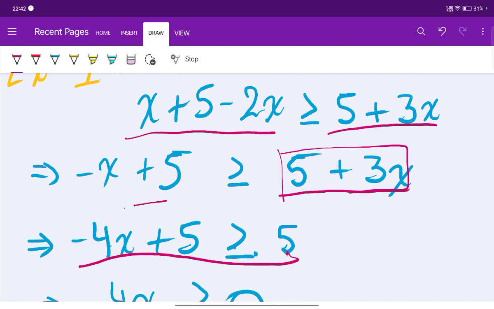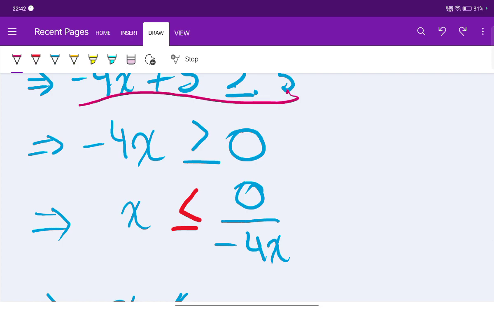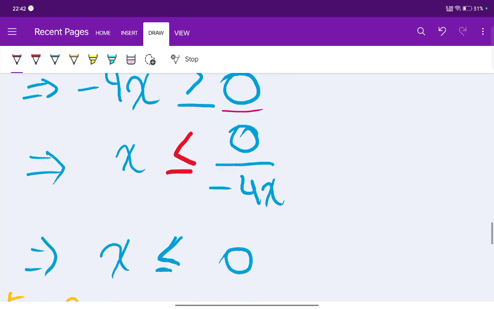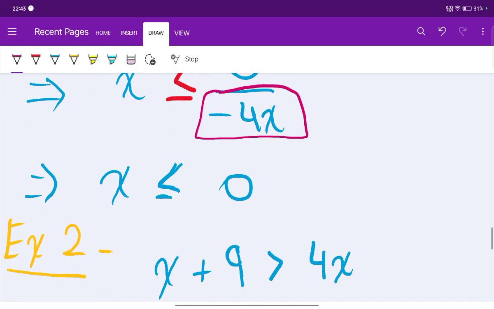Minus 4x plus 5 is greater than or equal to 5. What we did here is subtract the 3x, so that the 3x can cancel out. So minus 4x is greater than or equal to 0. So x is less than or equal to 0 by minus 4. When we do any inequality and divide both sides by a negative number, then the sign will become its opposite.